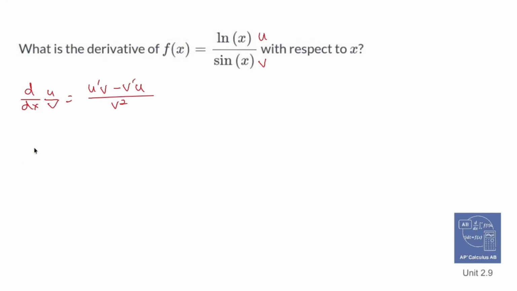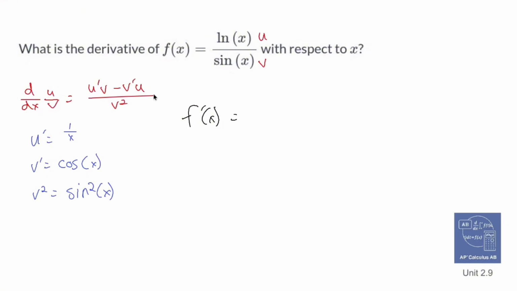All right. U prime is going to be the derivative of ln of x, which is 1 over x. V prime is going to be the derivative of sine x, which is cos x. And v squared is going to be sine squared x. Okay, let's build it. Let's call it f prime of x.